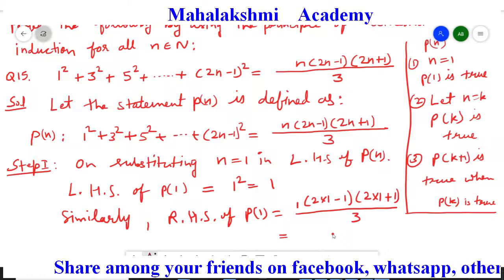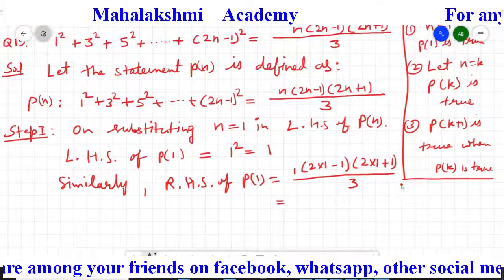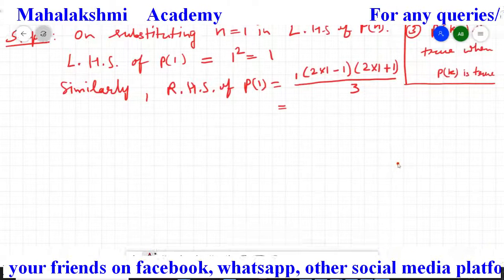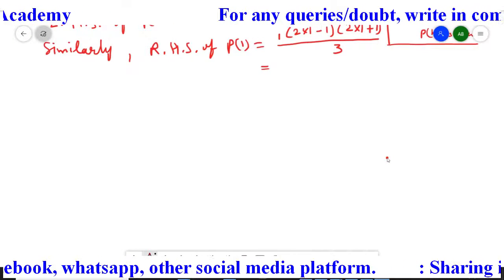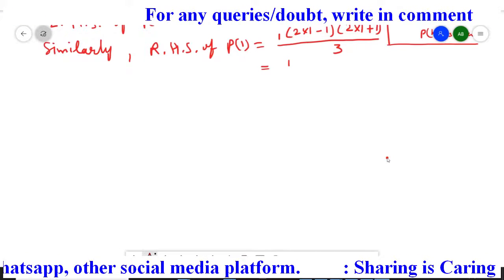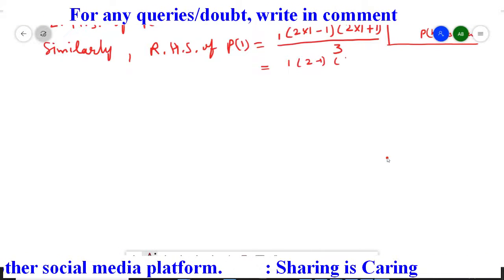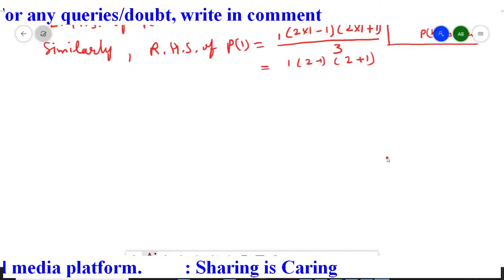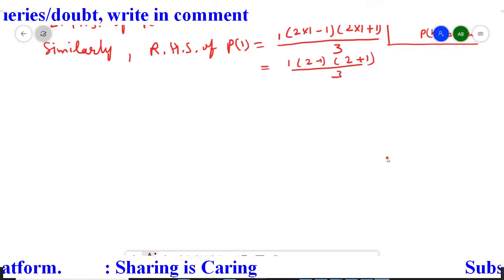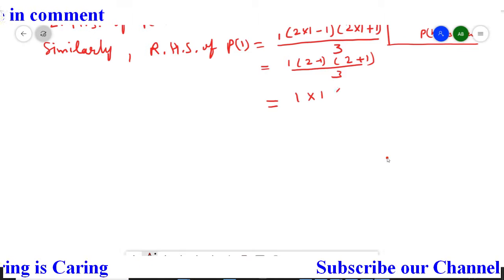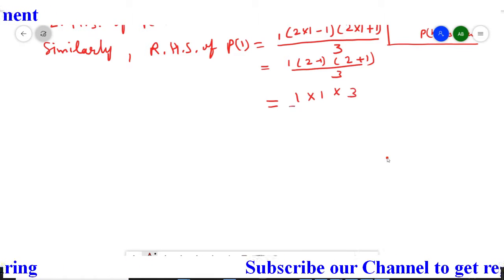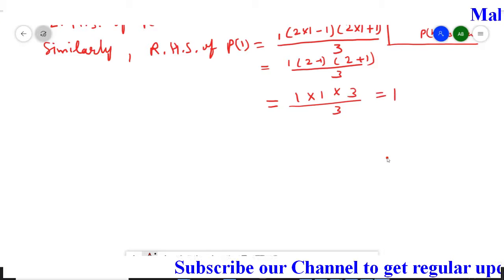So when we simplify it, we are going to get 1 bracket 2 minus 1, then 2 plus 1 divided by 3. So when we simplify it further, we will get 1 multiplied by 1, because 2 minus 1 is 1, and then 2 plus 1 is 3 divided by 3. That will give us the answer 1.